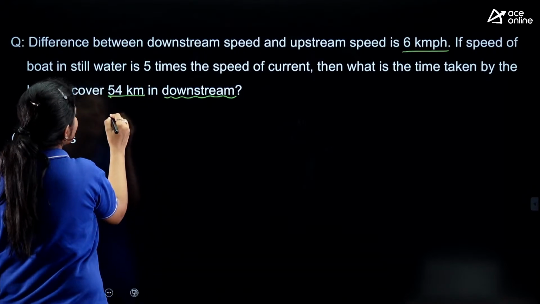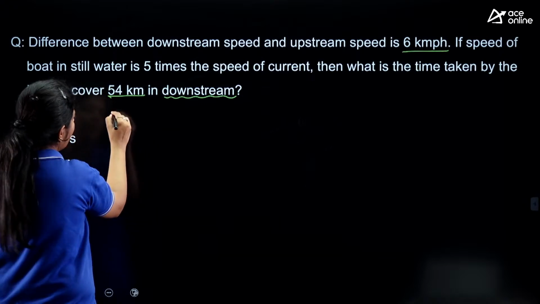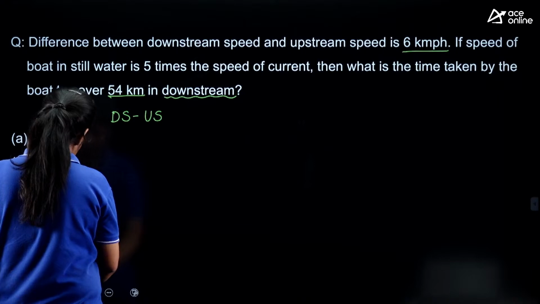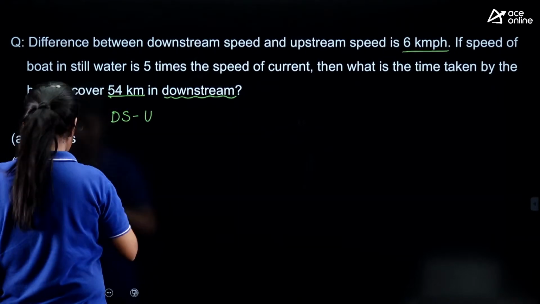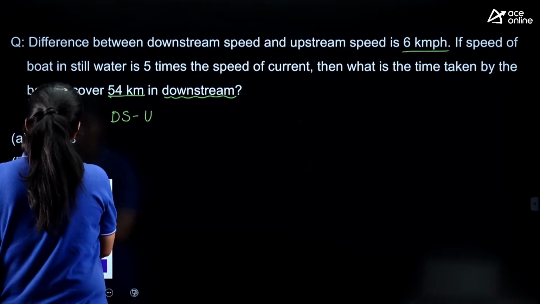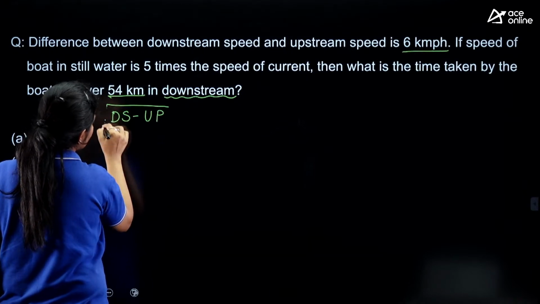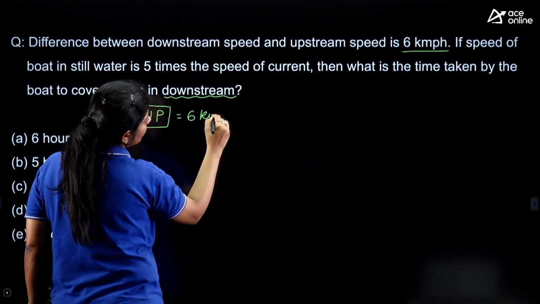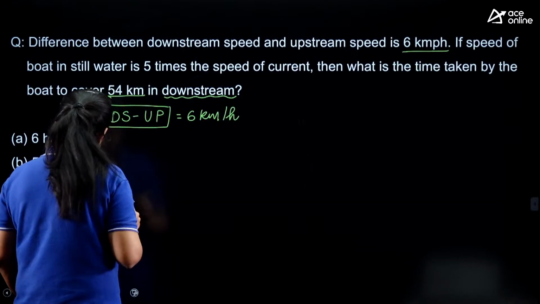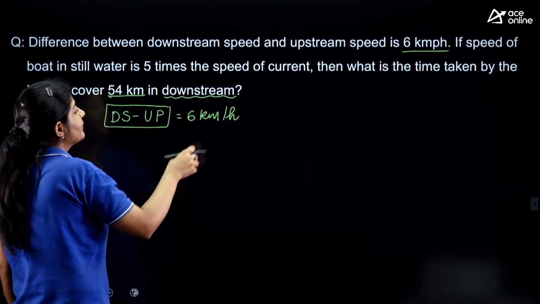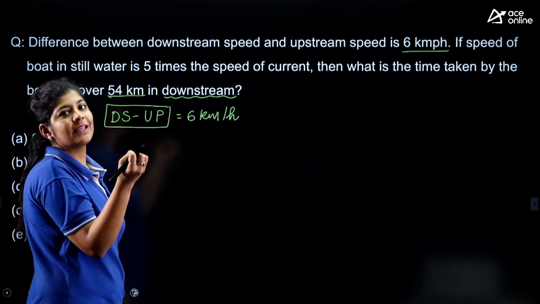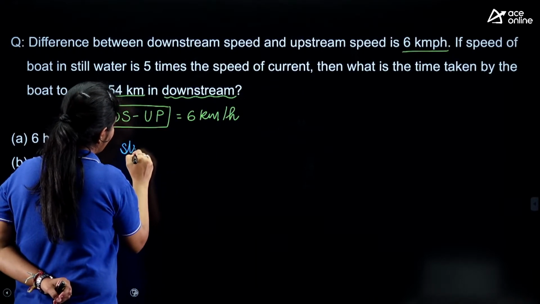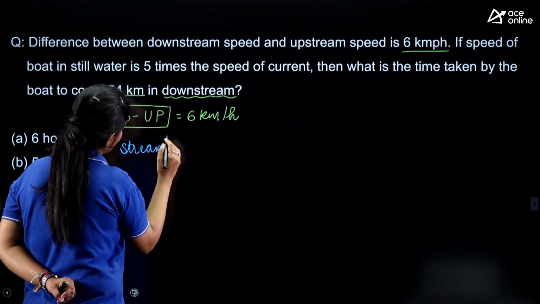So here the question is saying that we have a speed difference of downstream and upstream, and this is equal to 6 kilometers per hour. Now the question is saying that the speed of the boat is 5 times the speed of the stream.